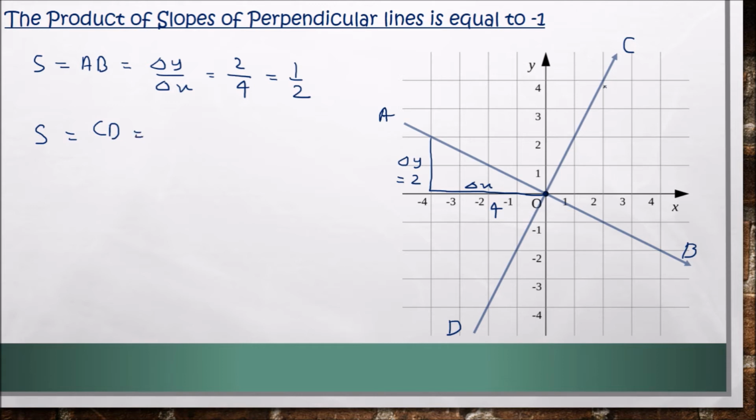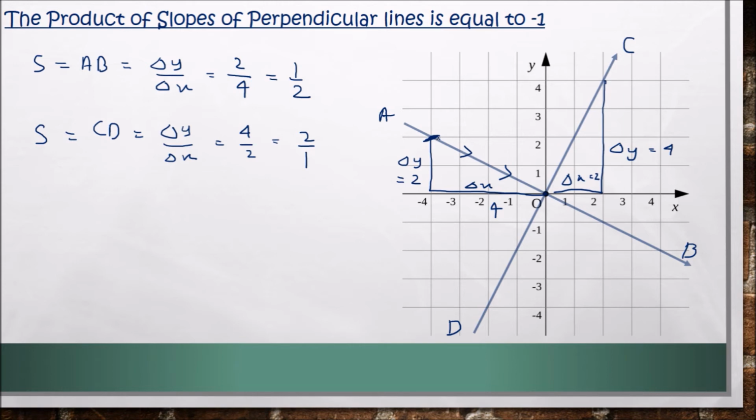Let's find out the slope of line CD. The slope of our line CD is right here, which means our change in y is equal to 4 and our change in x is equal to 2. So it's not hard to find out. Change in y divided by change in x, which is 4 divided by 2, which is 2/1. But we have to keep something in mind: the change in y of line AB is actually negative, because y goes from a value of 2 down to a value of 0.